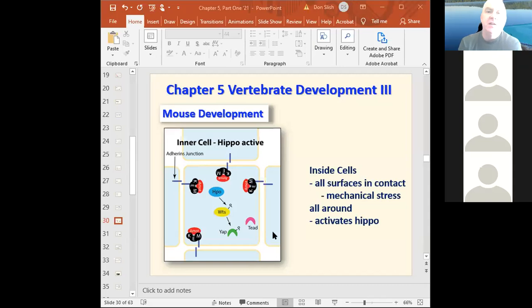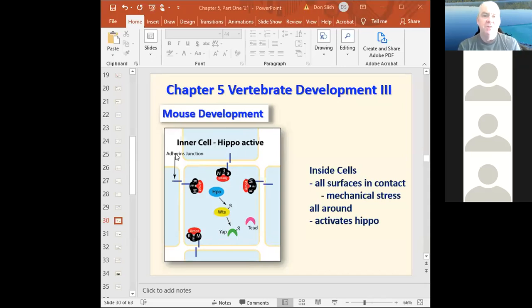Okay, so your inside cells are touching everywhere, and that causes Hippo to be released. Hippo is a kinase, and it phosphorylates Warts, and Warts then becomes an active kinase as well. It phosphorylates YAP, and YAP is a transcription factor that then gets targeted to be broken down by the proteasome.